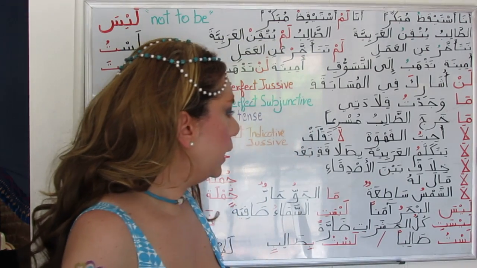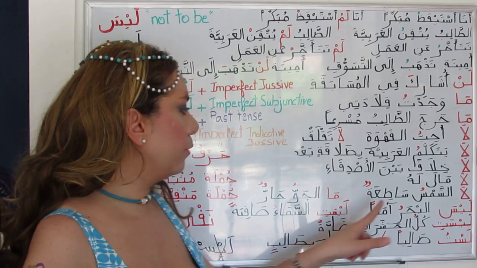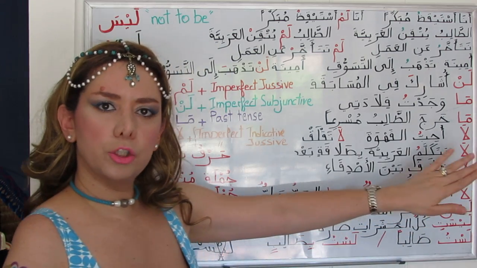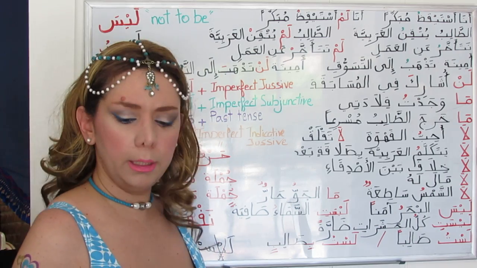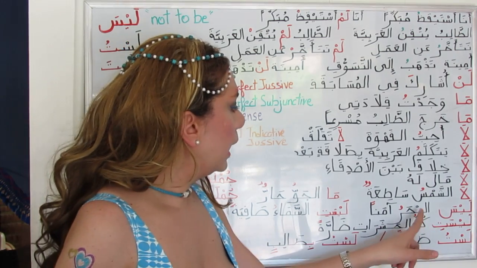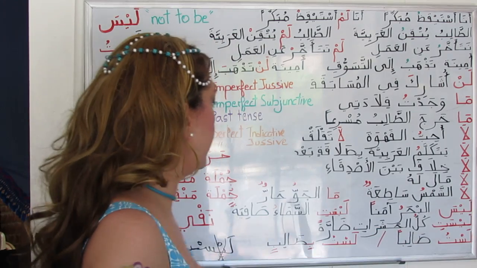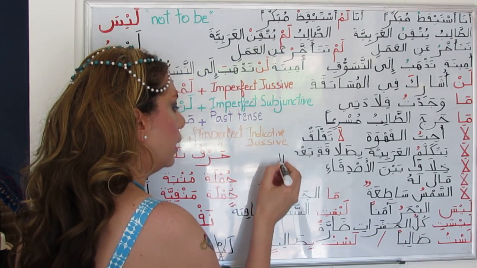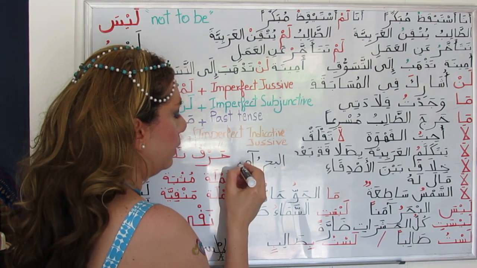What if we introduced la nafiya, ma nafiya, and the vowelization did not change. But for laysa, it's not the same thing. Here, al-bahru aminun. If we didn't have laysa, we would say al-bahru aminun.